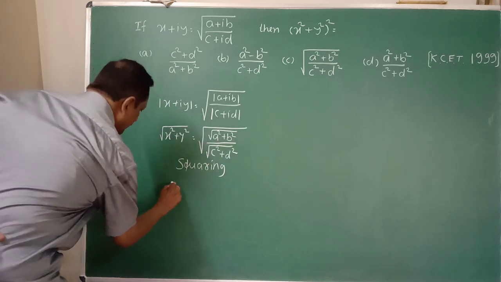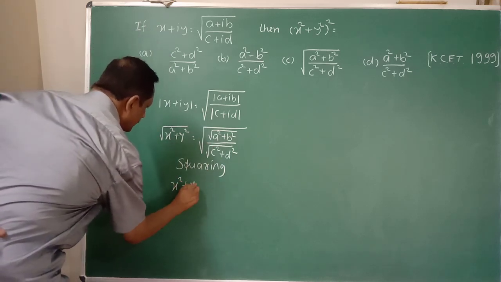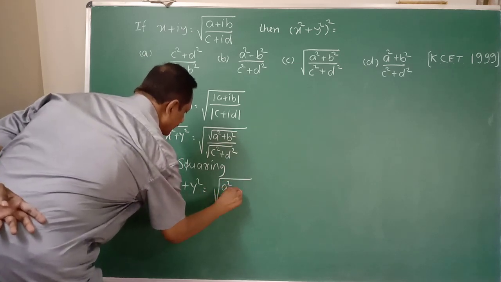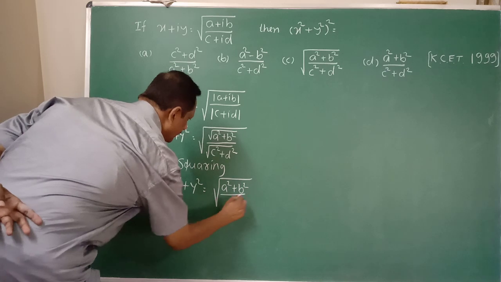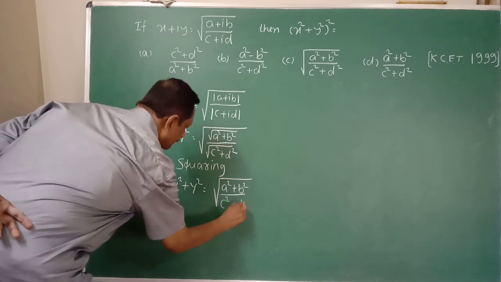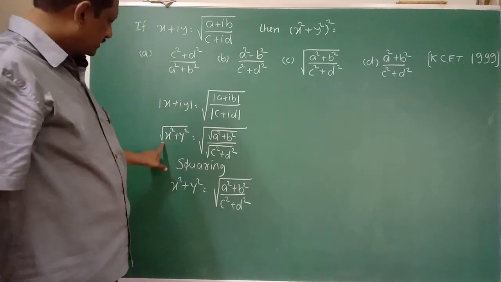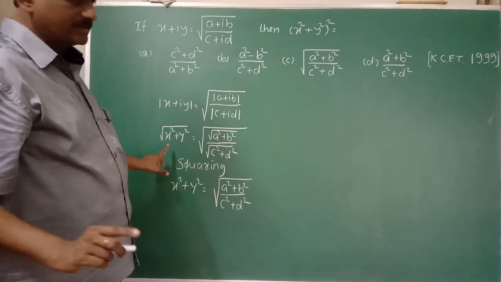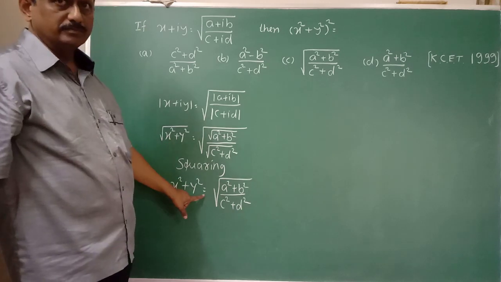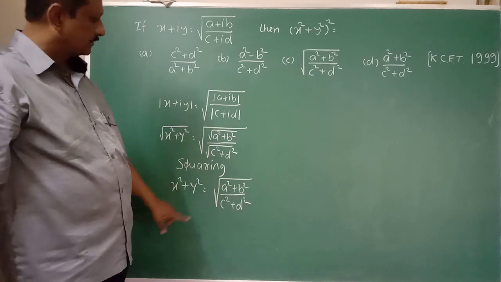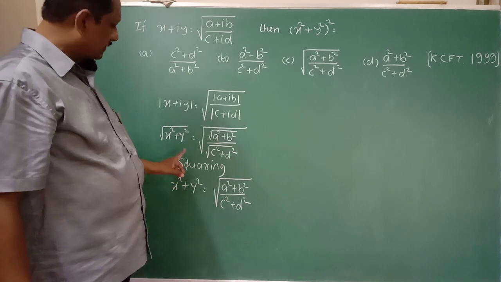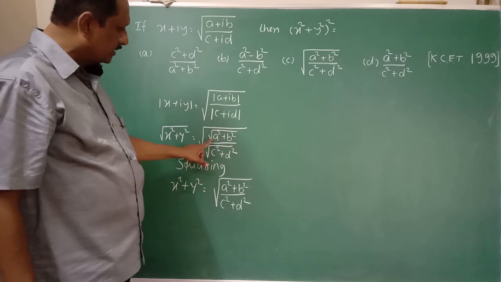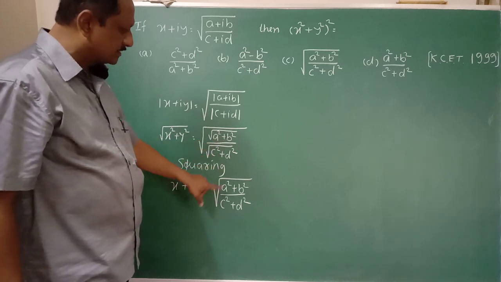Then squaring on both sides, we get x square plus y square is equal to root of (a square plus b square) divided by (c square plus d square). Square root and square get cancelled on the left, so x square plus y square is equal to root of (a square plus b square) divided by (c square plus d square).